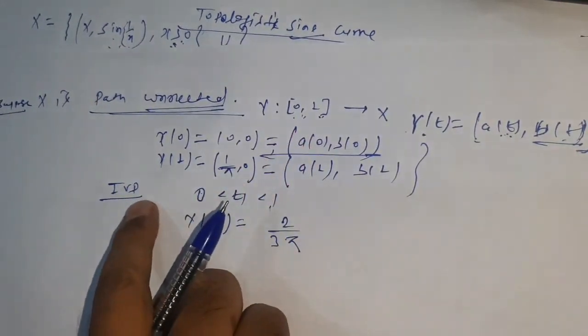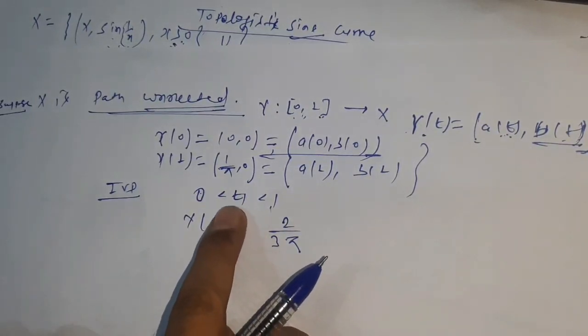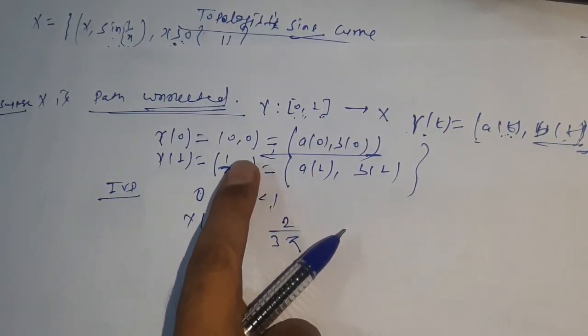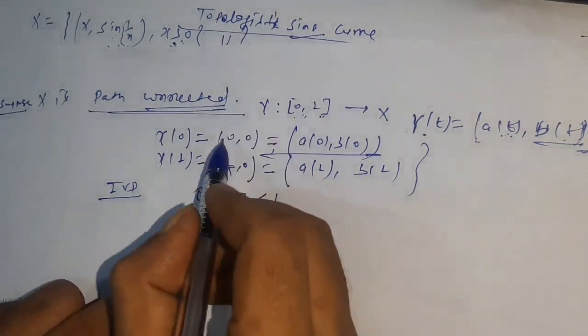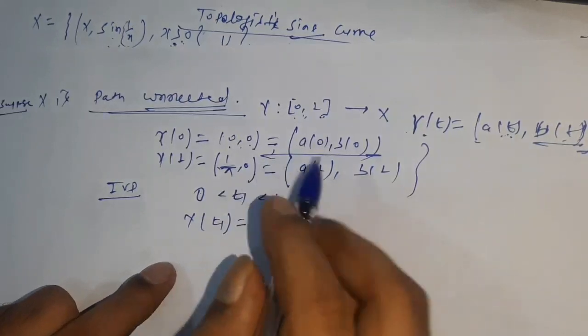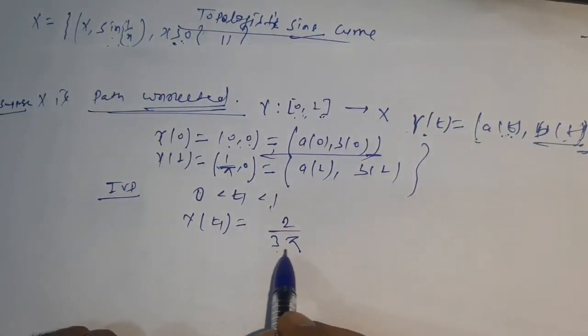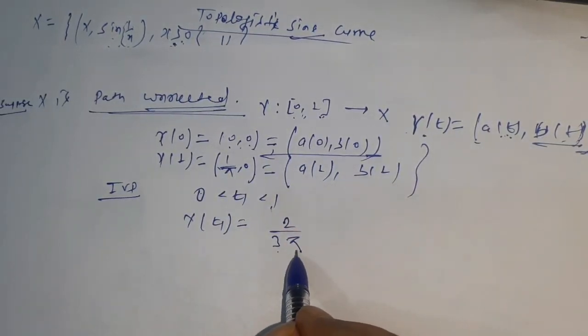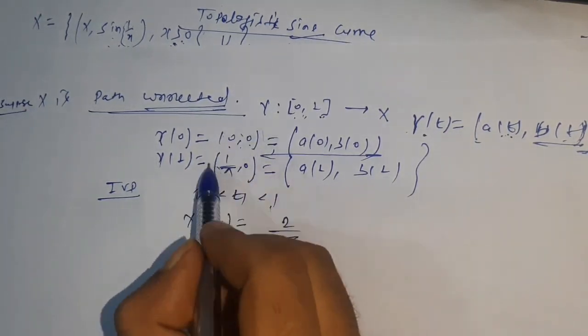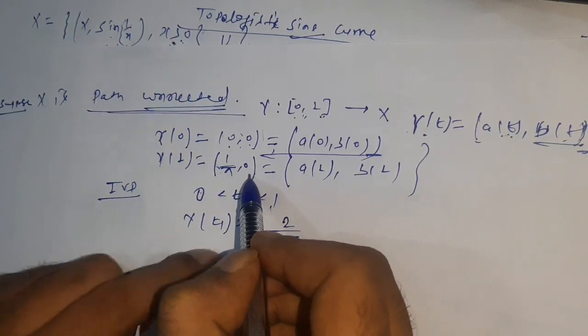So by the intermediate value theorem, any point between the range of the set belongs to it. The range of the set is this, that means 0 0 to 1 pi 0. So this point also belongs to this interval 0 0 to 1 pi 0.